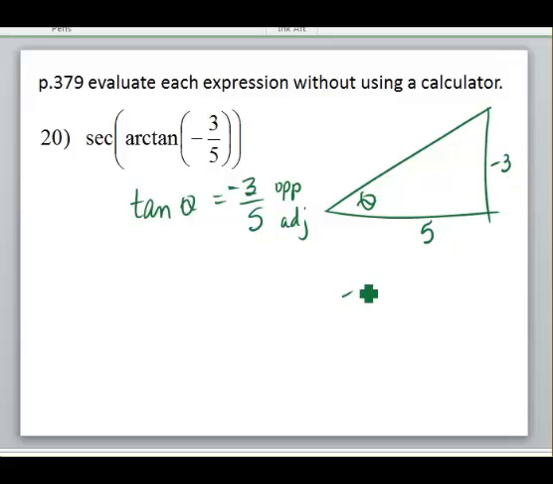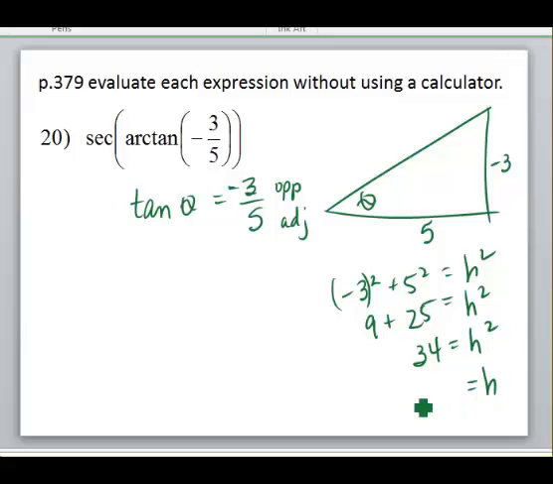Using the Pythagorean theorem, I have negative 3 squared plus 5 squared equals the hypotenuse squared. So I have 9 plus 25 equals my hypotenuse squared. I get 34, and then I'll square root, and I'll get square root of 34. So that means this side is square root of 34.